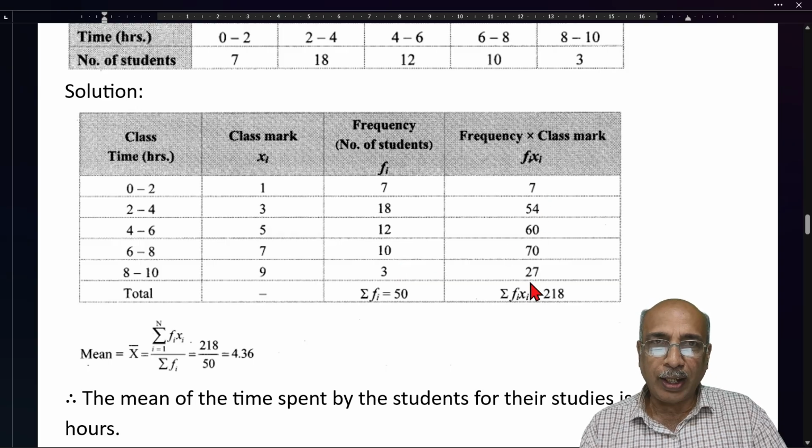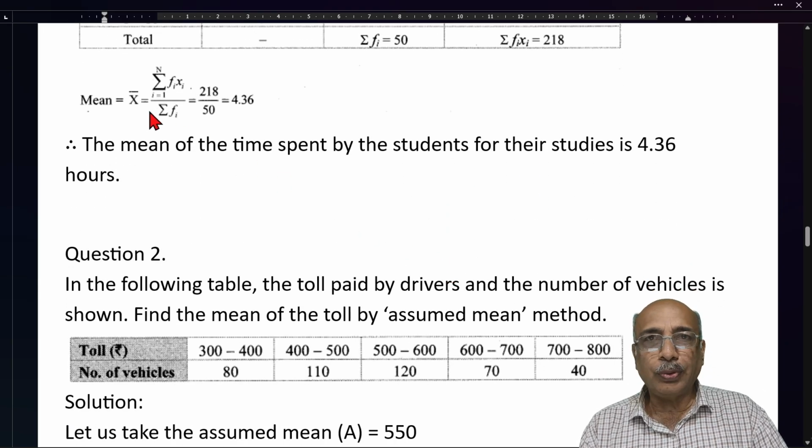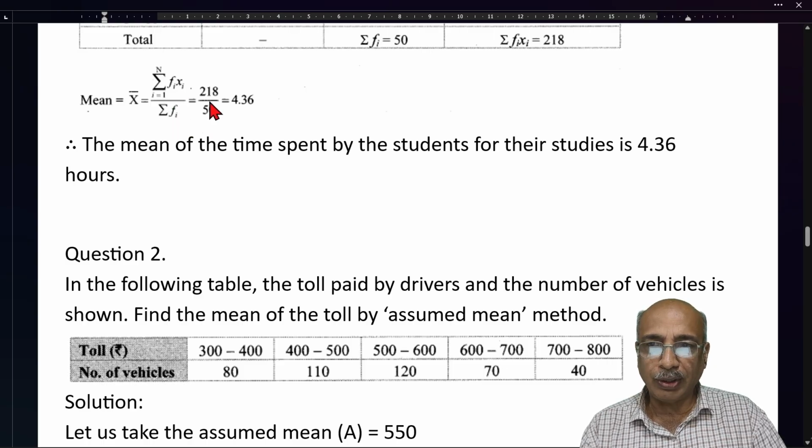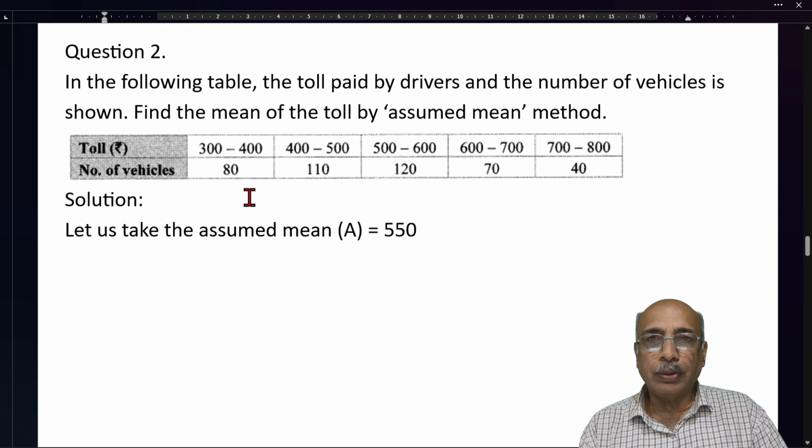Sum of fi xi, this total we have to make, equals 218. Mean equals x bar equals summation of fi xi upon sum of fi equals 218 upon 50 equals 4.36. Therefore, the mean of the time spent by the students for their study is 4.36 hours. Next question.